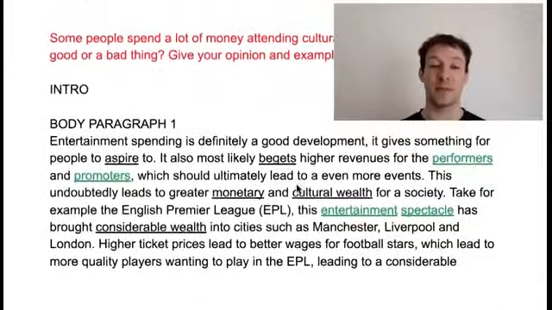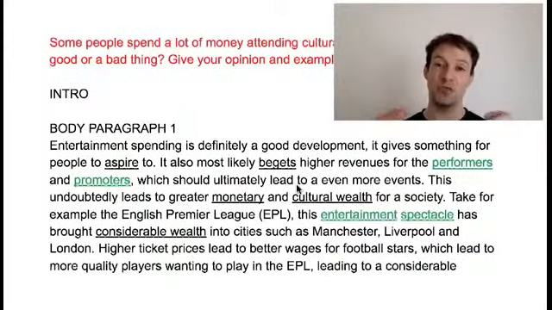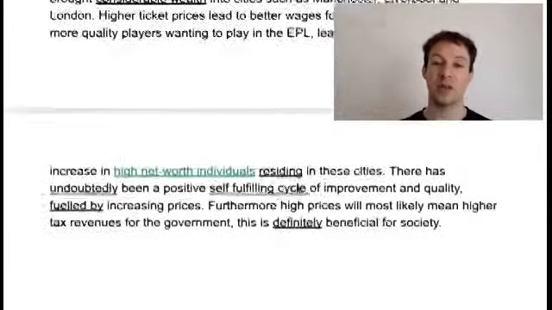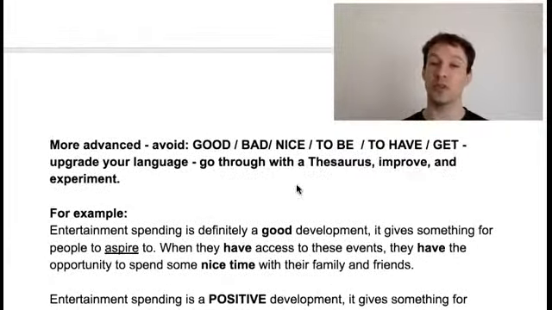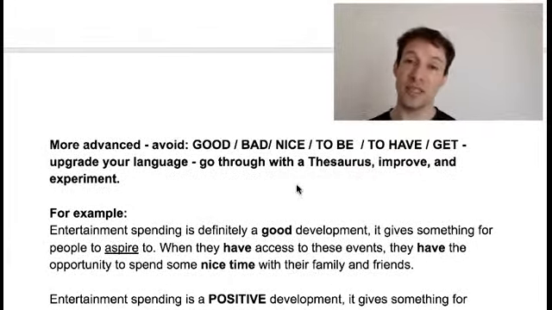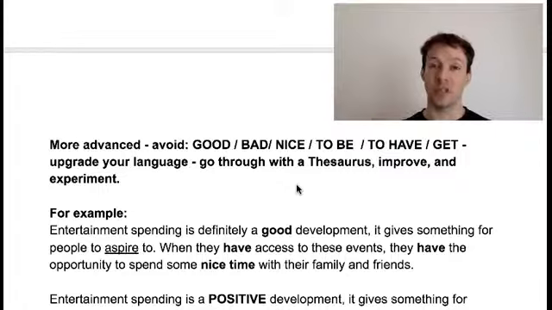So that's one example. The next example is once you've finished writing your essay, you go through it, okay, and you look for opportunities to improve it. Hopefully, you'll be looking for opportunities to correct it as well, but at the same time, why not look for opportunities to improve that vocabulary?